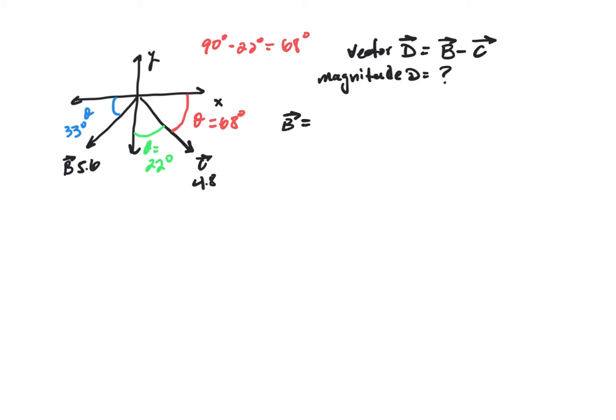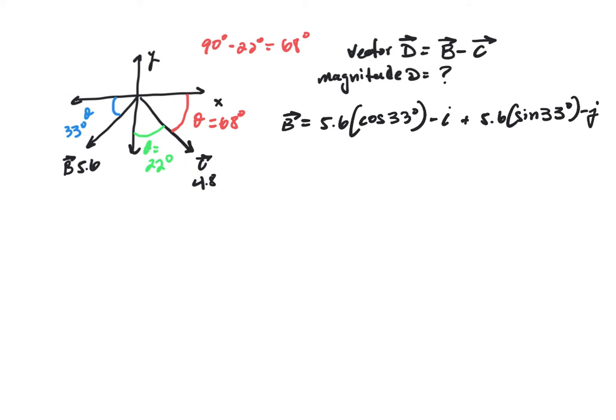B is gonna be equal to 5.6 cosine of 33 degrees, and it's in the second quadrant, so it's a negative x. So we use this negative, then plus 5.6 sine of 33, and also it's gonna be negative j.